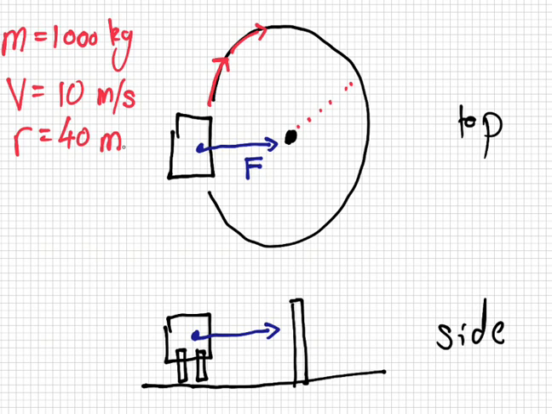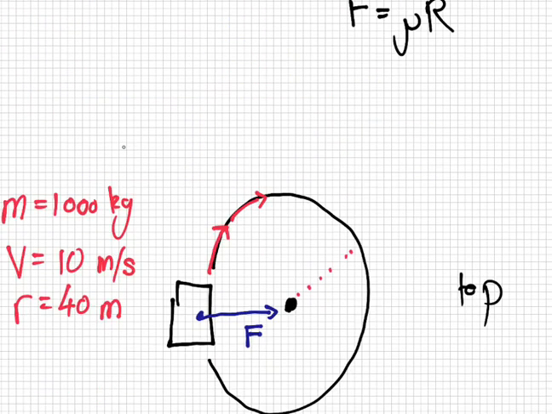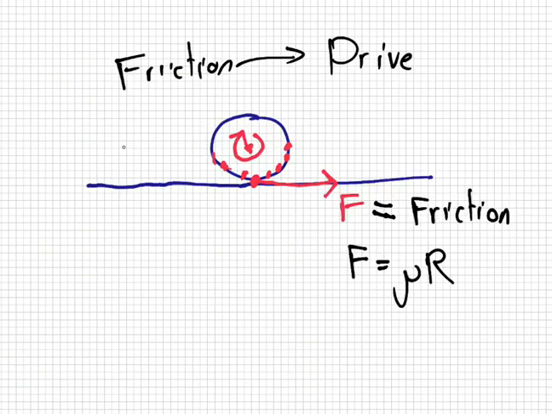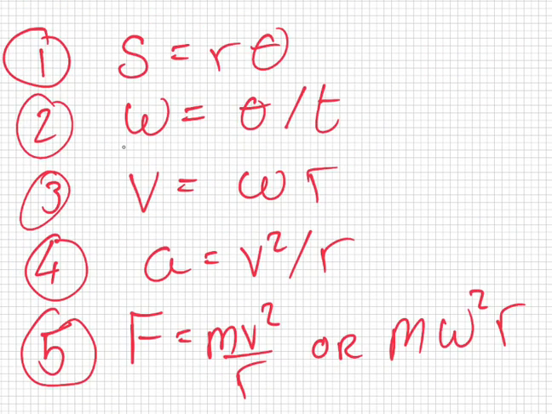Okay, so if you look at my formulas, what could I work out? I've got M, V, R. I could work out acceleration. I could work out the omega, can't I? Or can I? No, I need some time, don't I? Acceleration, I could work out. And I could work out the force. And from the force you can work out omega.